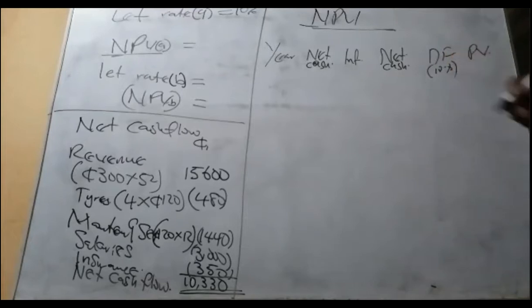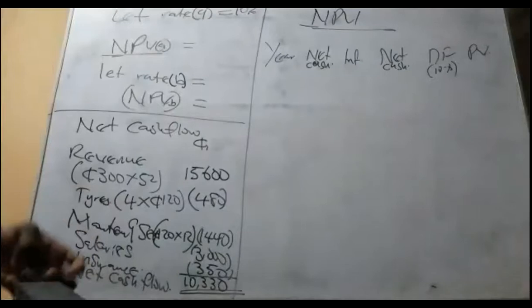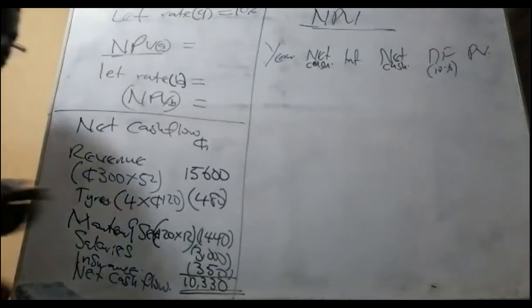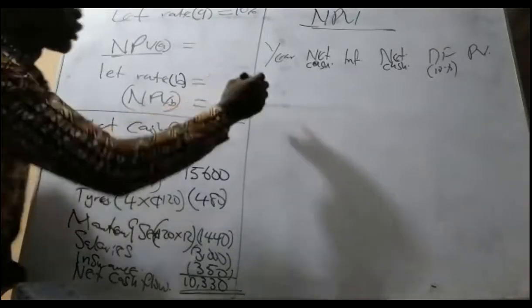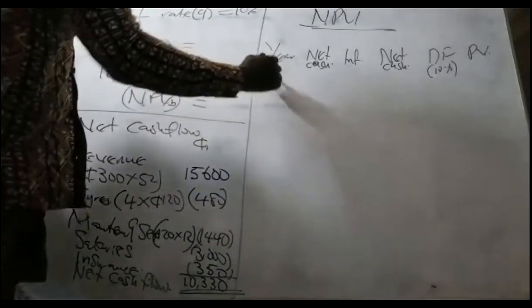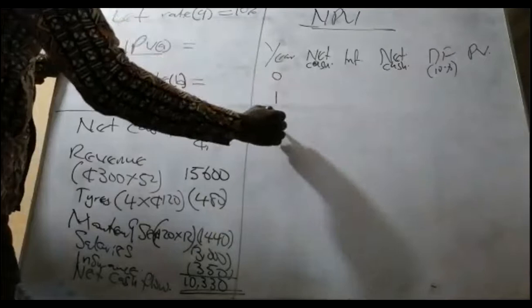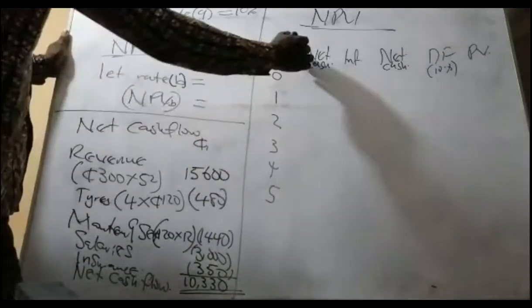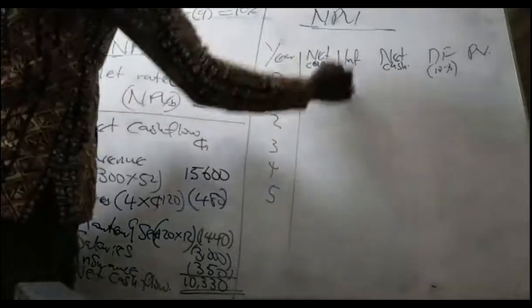So this is the first NPV that we are going to calculate. Great. So now let's start. So I'll put this in a table. Year 0, year 1, year 2, year 3, year 4, year 5. Good. Great.